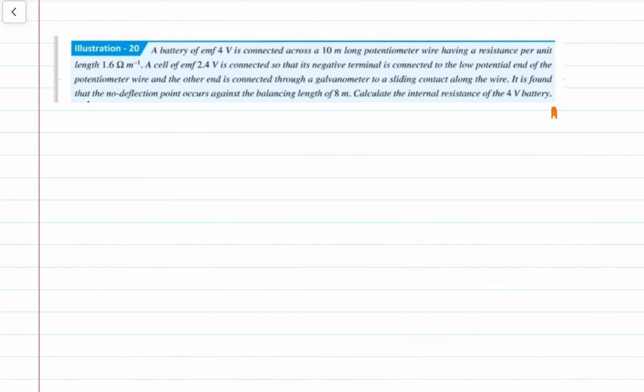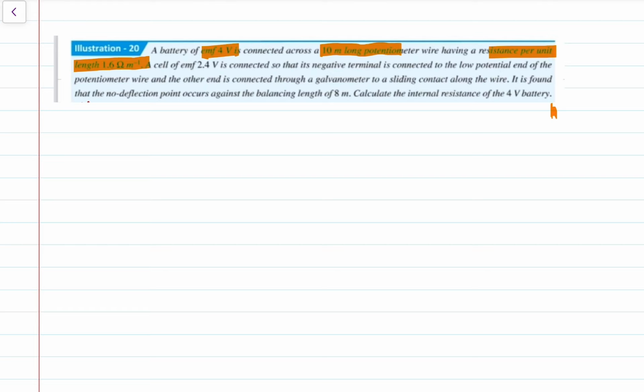So your question is given: a battery of EMF 4 volt is connected across 10 meter long potentiometer wire having resistance per unit length 1.6 ohm per meter.